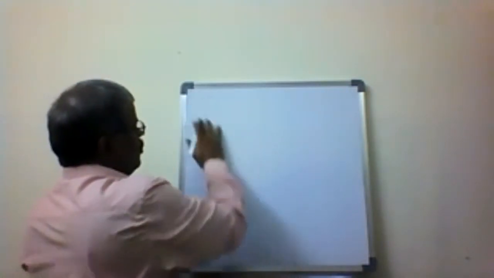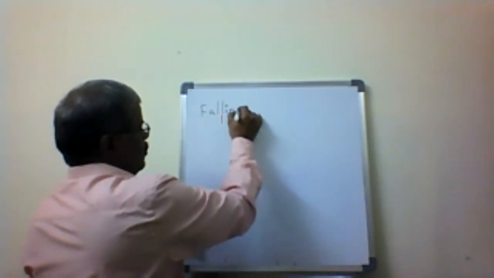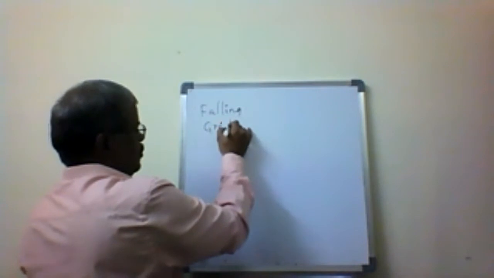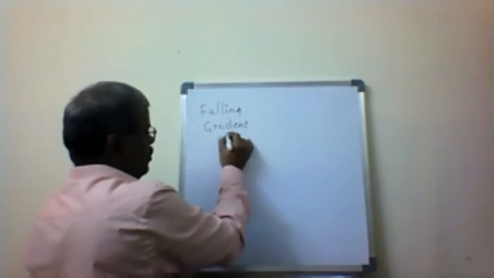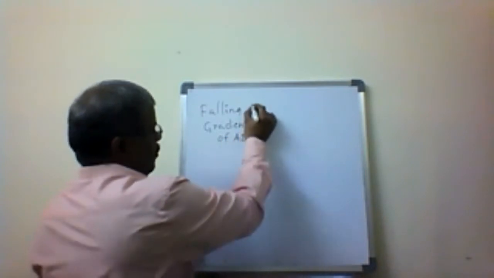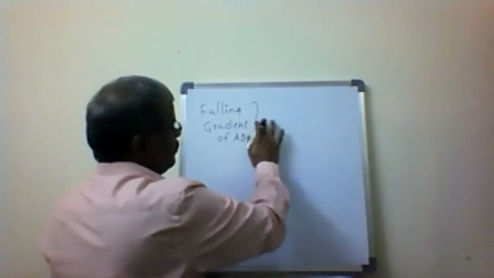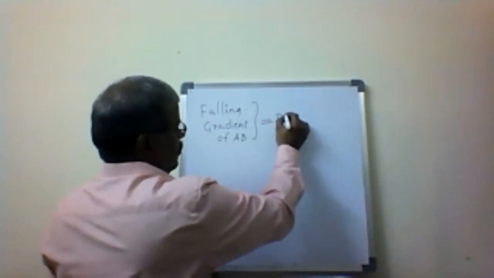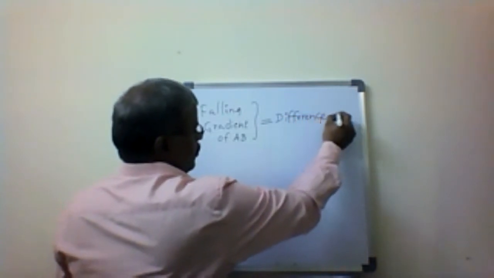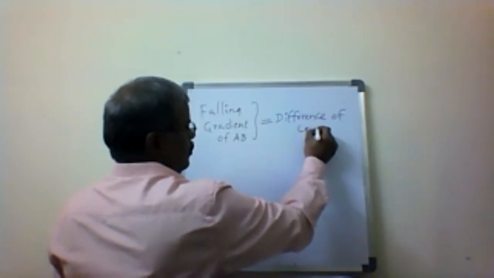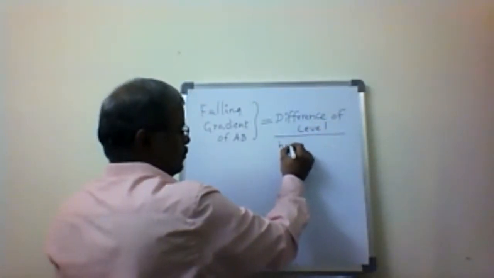Falling gradient of AB equals difference of level by horizontal distance.